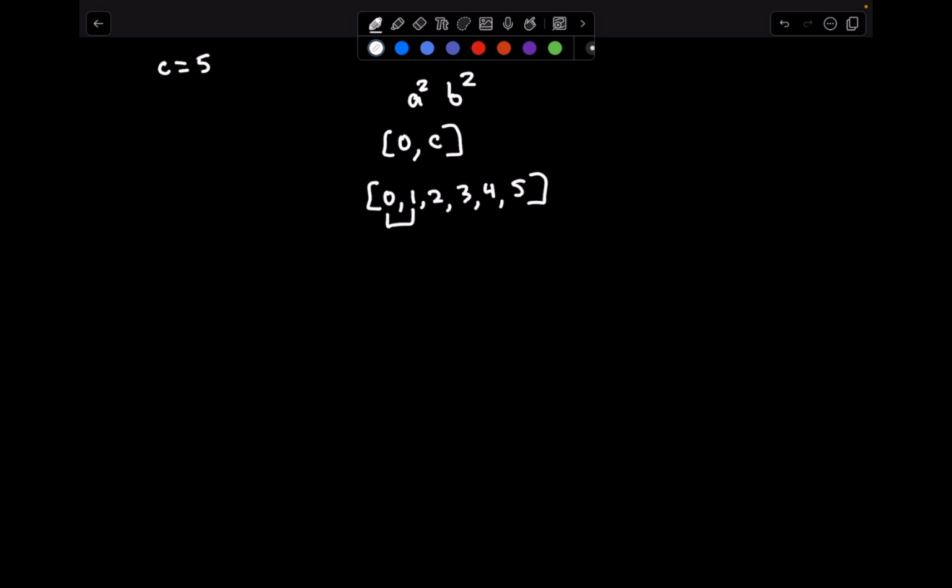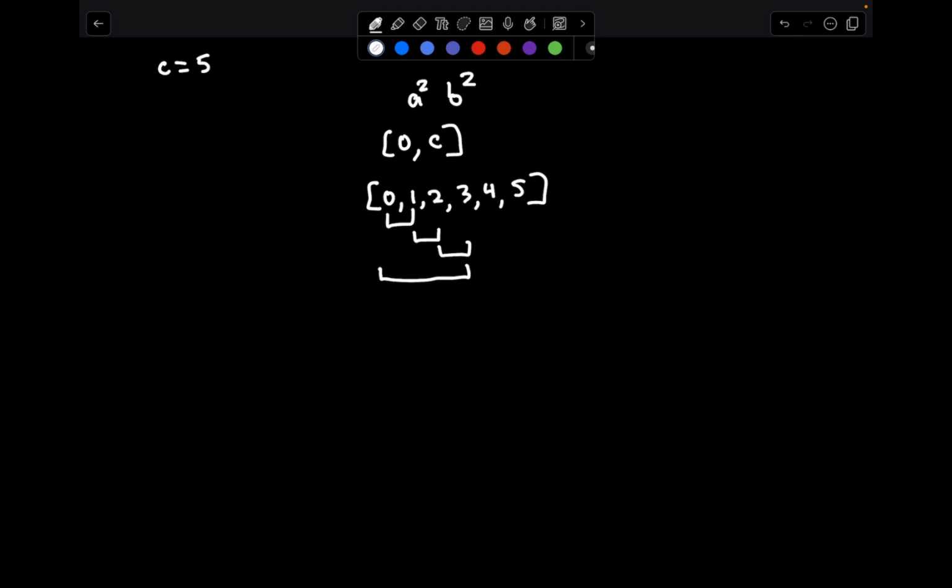We have 0 and 1, 1 and 2, 2 and 3, and then we have a second for loop right here. Let me make that better. So we have these two for loops, and they're going to iterate through all the possible pairs. Each time, we're going to check after squaring them and adding them if it's equal to c. If at any point they're equal to c, we return true.